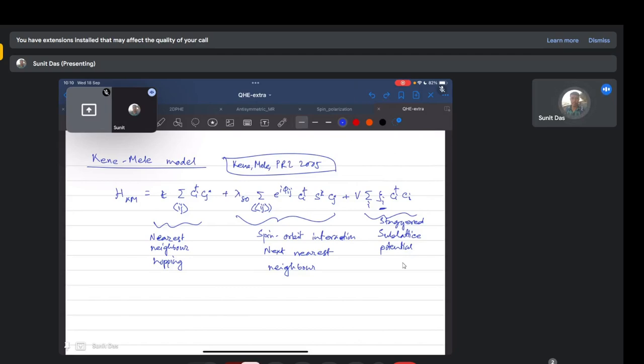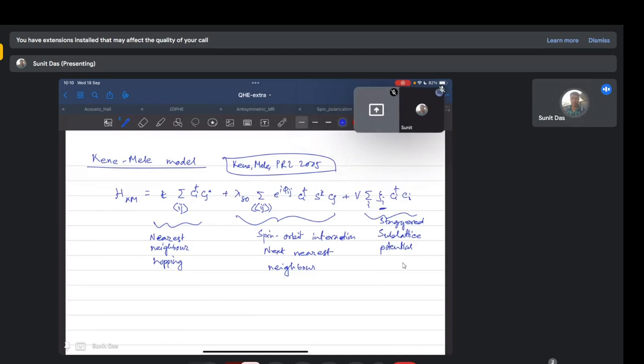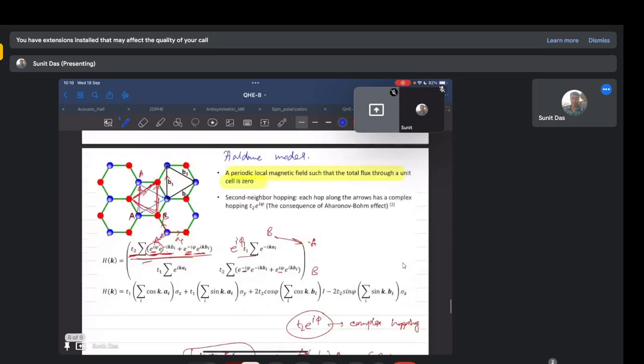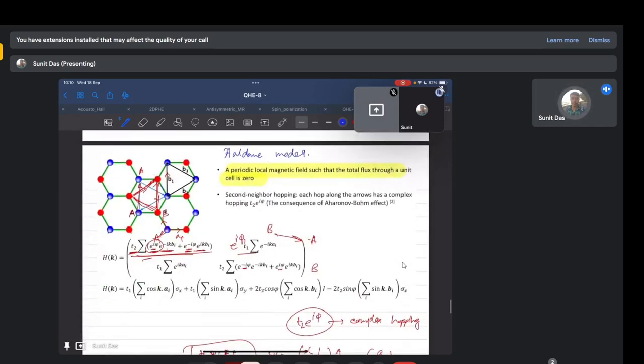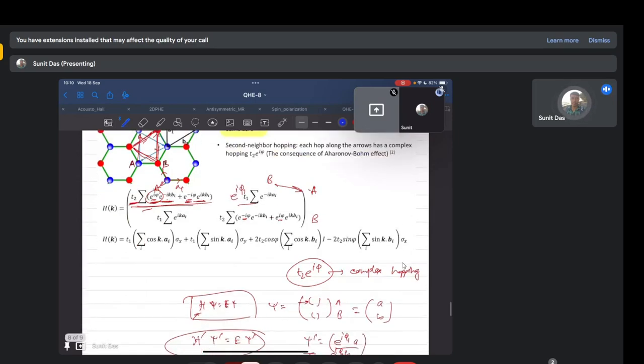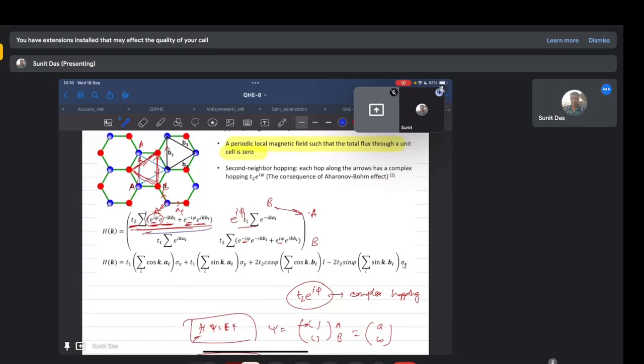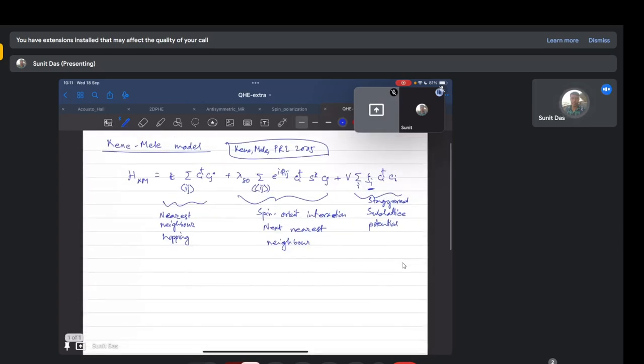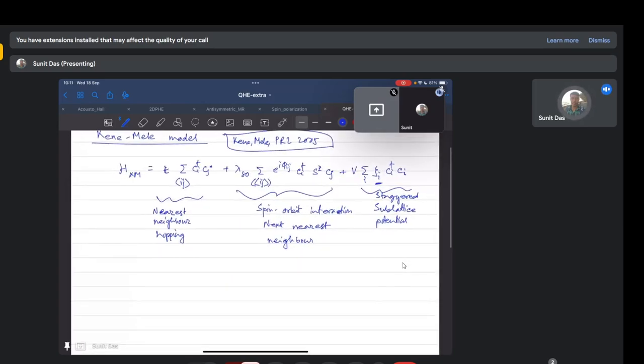That's what we studied in the Haldane model, where per unit cell the phase was there, but overall the magnetic field was zero. So these phases are included by the e to the power i phi and e to the power minus i phi terms in the Haldane model. So what Kane and Mele did is just a generalization of the Haldane model, including the spin. Sz is the spin component along the z direction.